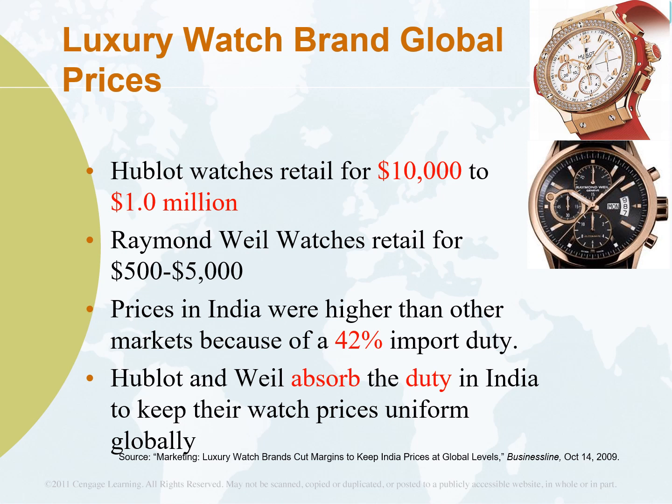Prices in India were higher than other markets because of the 40% import duty. But Hublot and Weil absorb the duty in India to keep their watch prices uniform globally to keep the same image. Again, $10,000 to $1 million a piece for a watch. And think about that.